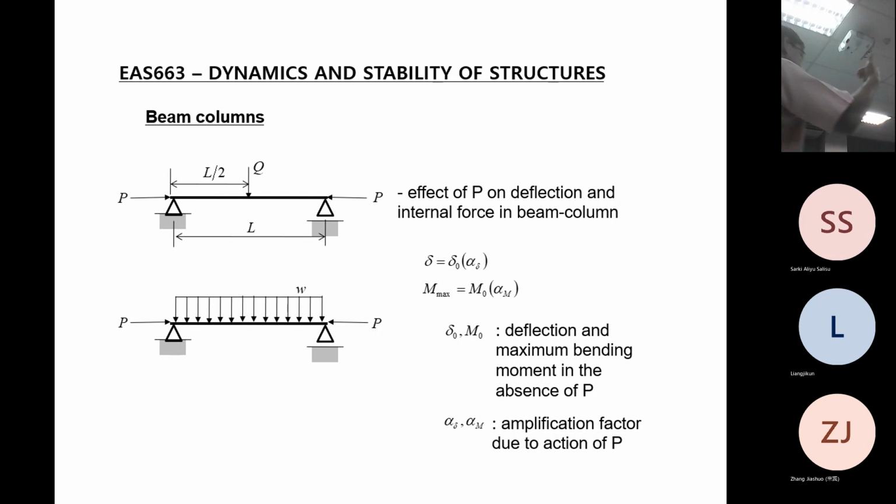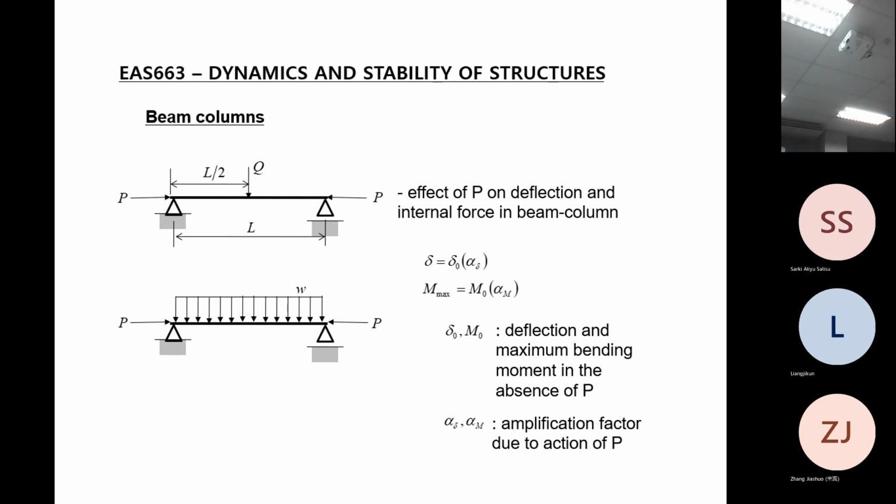So the effect of having axial load on the beam column is that the deflections and the bending moment will be amplified. When we design a member in the frame, we need to take note of this effect, and see how much P is being applied relative to P critical.